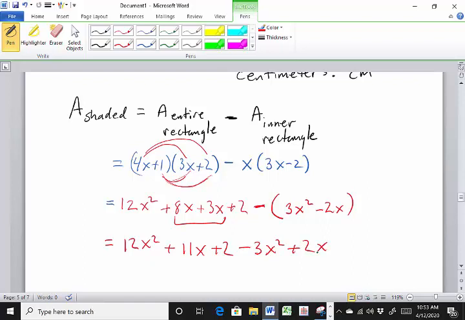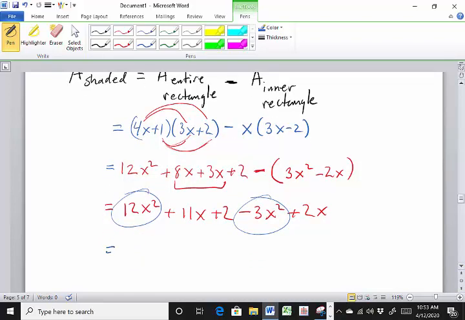So combine like terms again. So let's see, 12x squared and minus 3x squared, that's going to be 9x squared, right? So I'm done with those. Cancel them out. 11x plus 2x is 13x.